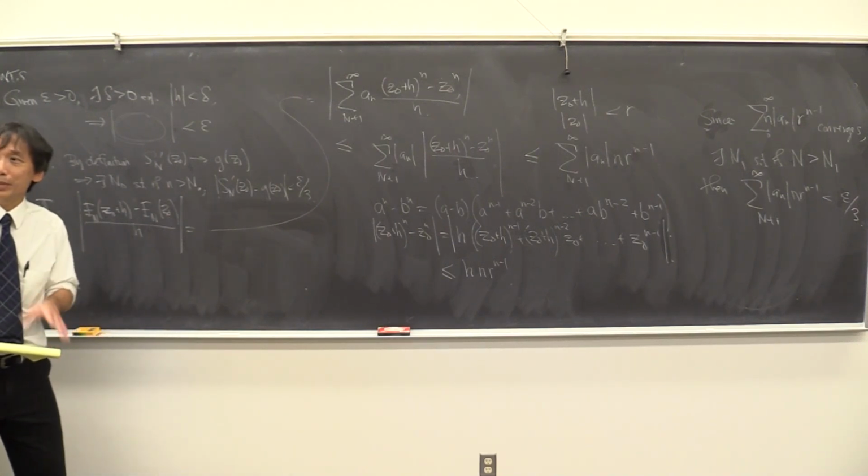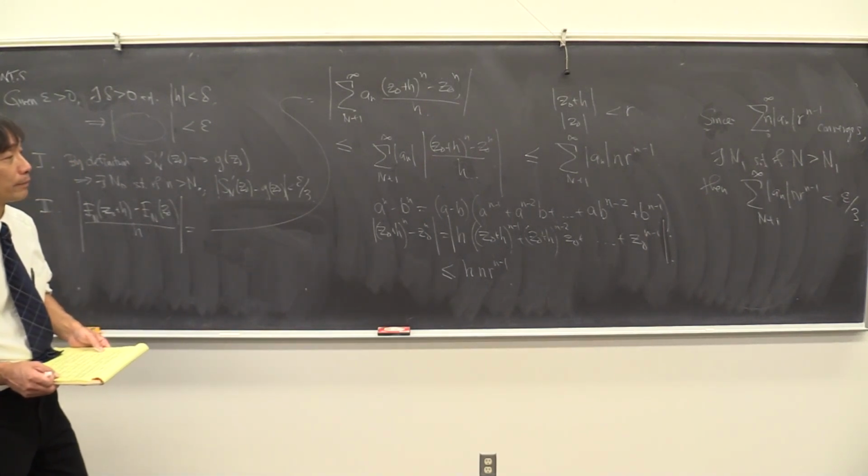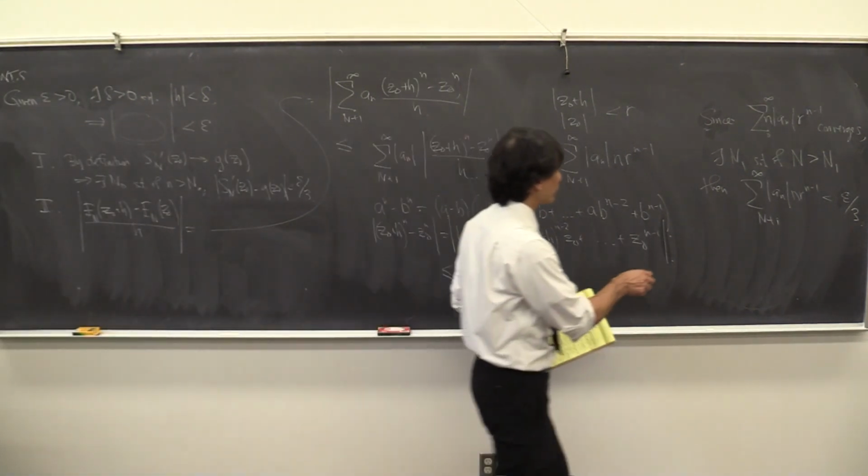Okay? Could you explain again why the series from n plus 1 to infinity of a n times n r to the n minus 1 is convergent, even though we're multiplying by n?